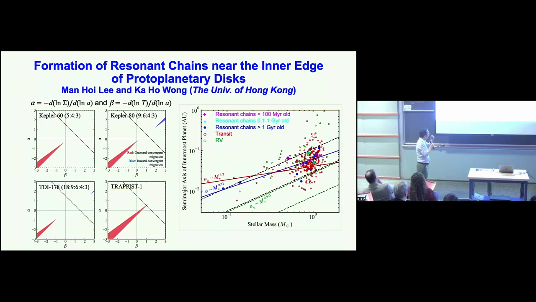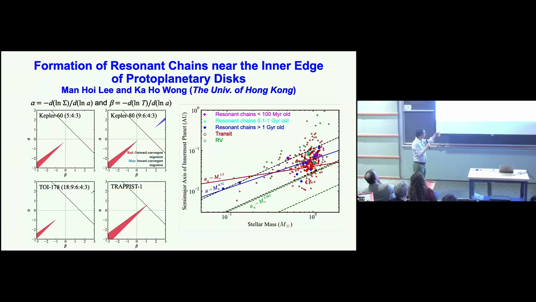The evidence for that comes from the known systems, the location of the innermost planet versus the stellar mass, where you expect a certain scaling if the inner edge is related to something like the magnetospheric truncation radius.